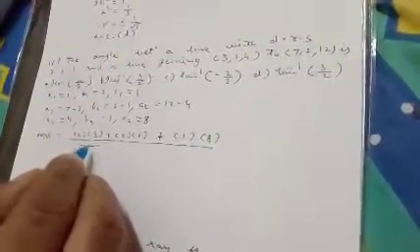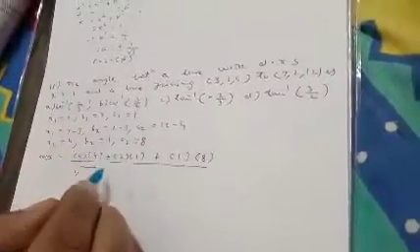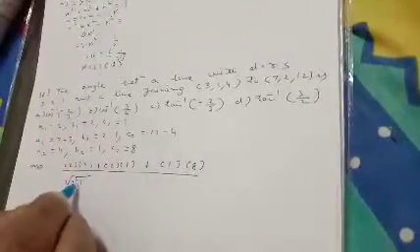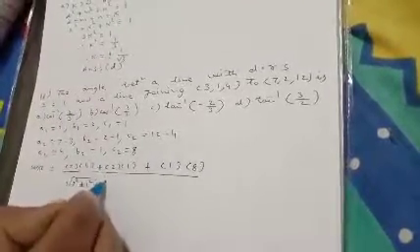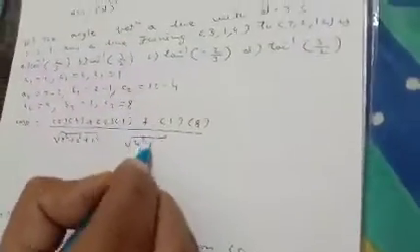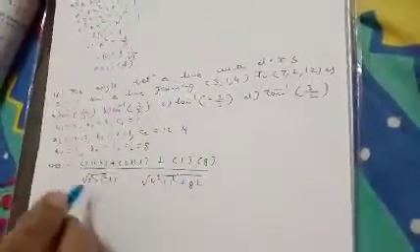Under the radical sign, the sum of squares of direction ratios of one line: under root 2 square plus 2 square plus 1 square, and under root 4 square plus 1 square plus 8 square.